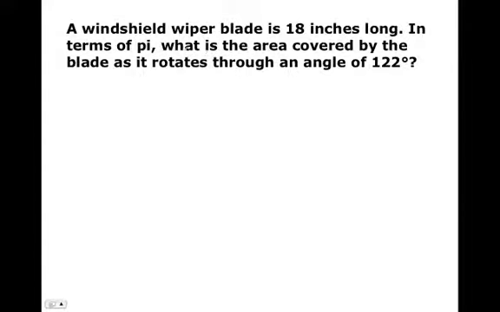So if we notice, we're wanting to know what is the area covered. So that should tell you that you're wanting to find the sector area. So we're going to find the sector area, which means we need the area of the circle with a radius of 18 inches long times the fraction of the measure of the arc it's using.